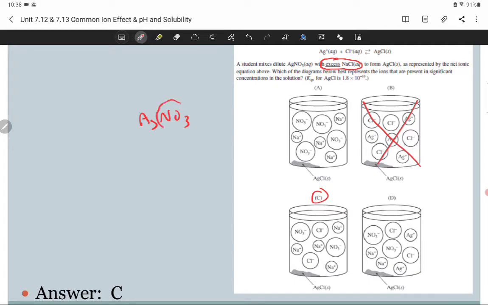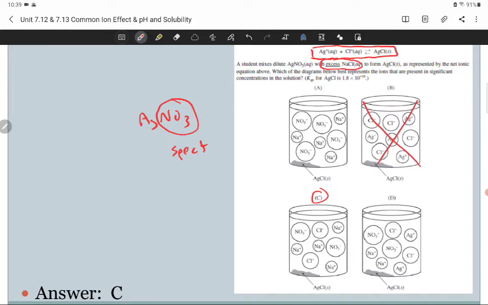The NO3 portion of that is going to be a spectator ion because it's not in the chemical reaction there, but it's still going to be in the solution. So we better have some nitrate in there, and it looks like all 3 of these do have nitrate. So we can't eliminate anything else.